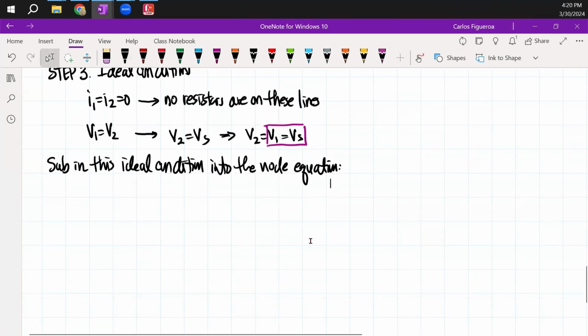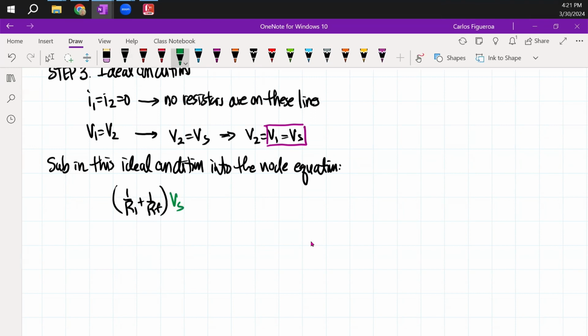And so when you look at this, that means I now have 1 over R1, 1 over RF, I'm sorry, but now V1 is the same as V source, minus 1 over RF, and then I have V out. Now this gives me one equation, one unknown, which is V out.